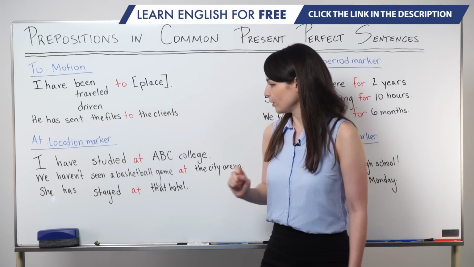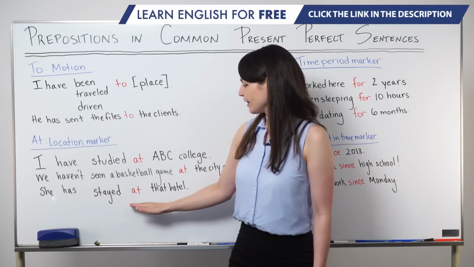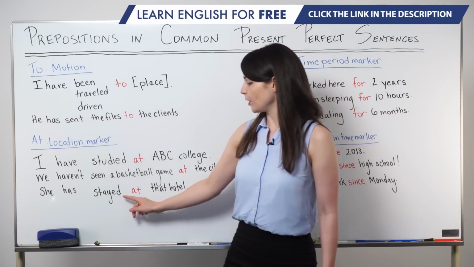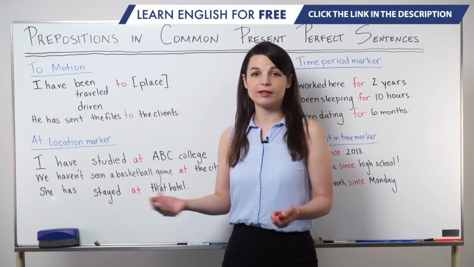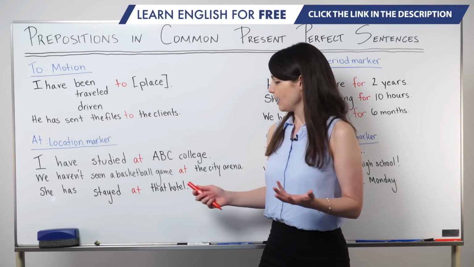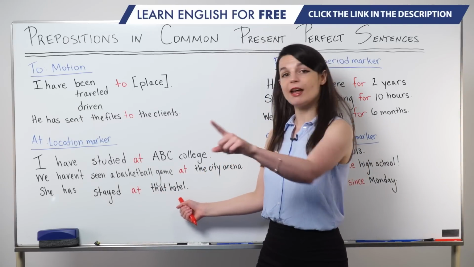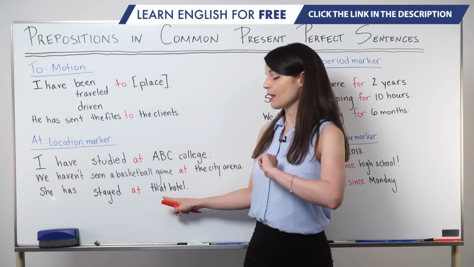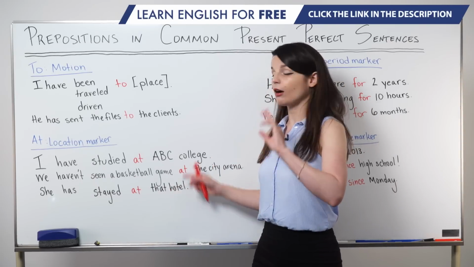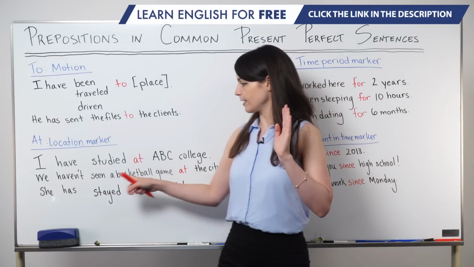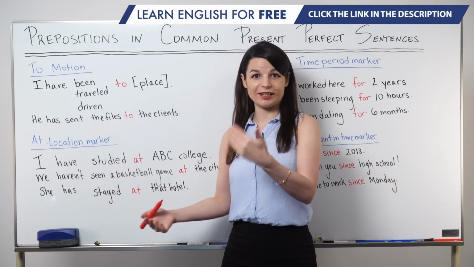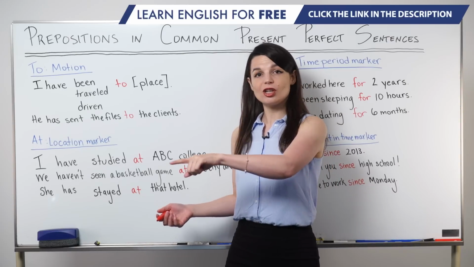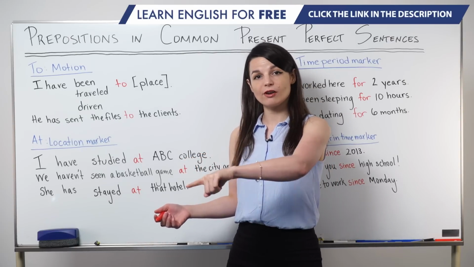One more example, she has stayed at that hotel. So my verb is stay. The past participle form is stayed. And I'm talking about that hotel, specifically that hotel. So yes, I'm using that, that's fine. In a conversation, the first person might say something like, oh, hey, does she know that hotel, or has she heard of that hotel?